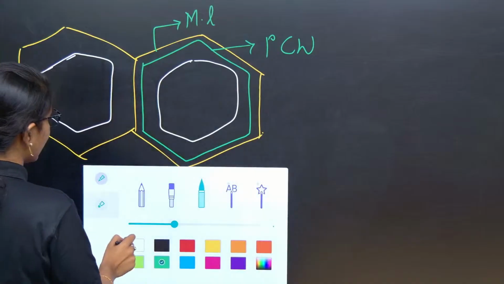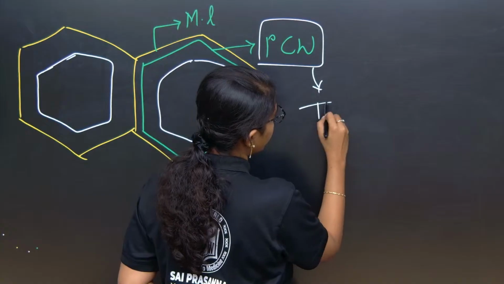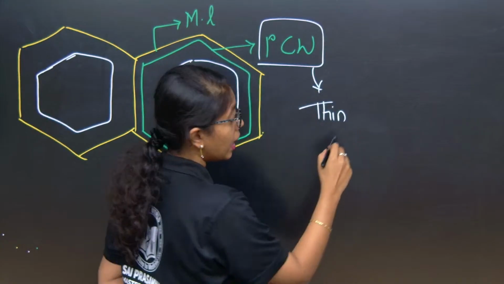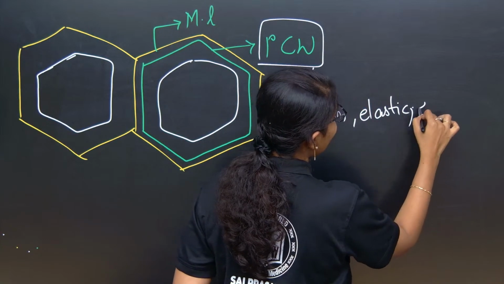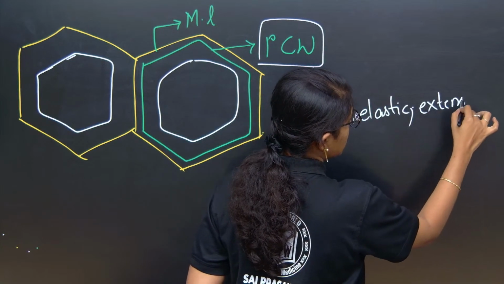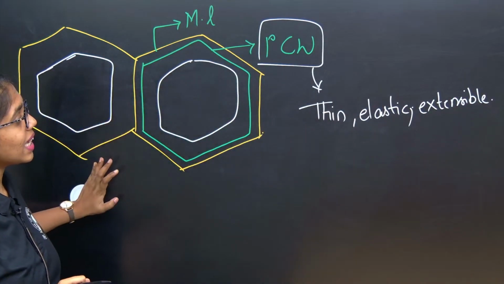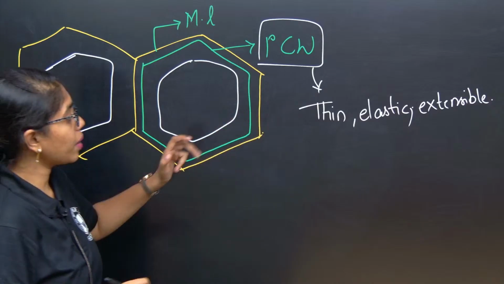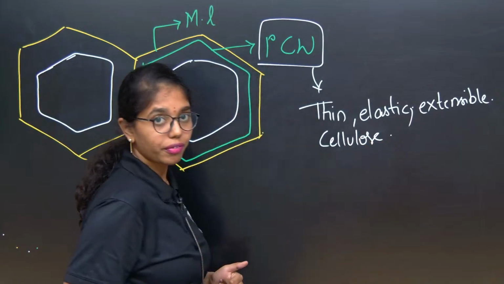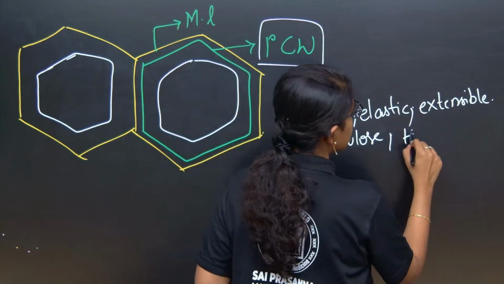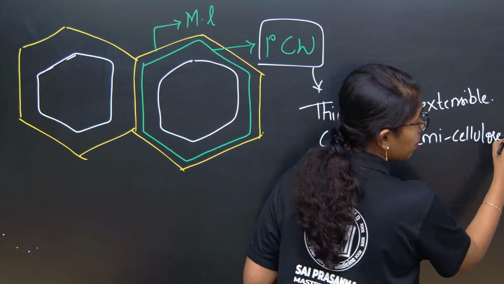Primary cell wall is thin, elastic, and easily extensible, and it will stretch. So, this is about the primary cell wall. Primary cell wall is usually made up of cellulose and hemicellulose.